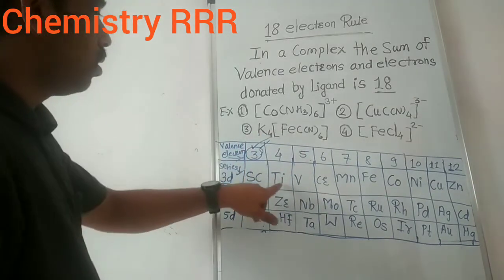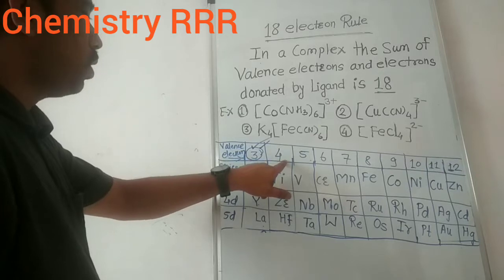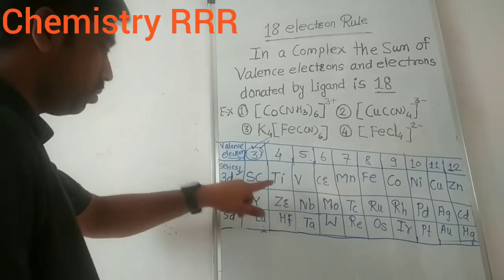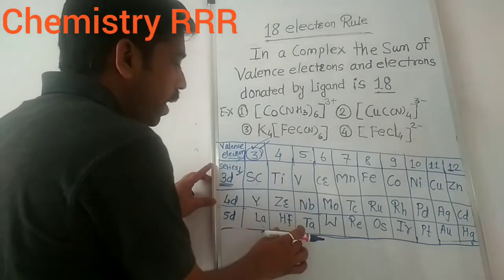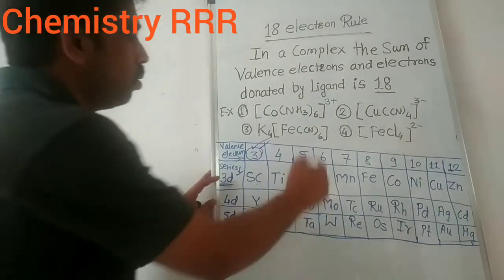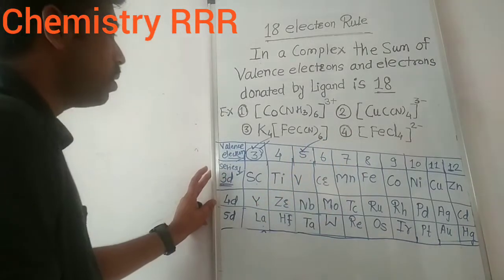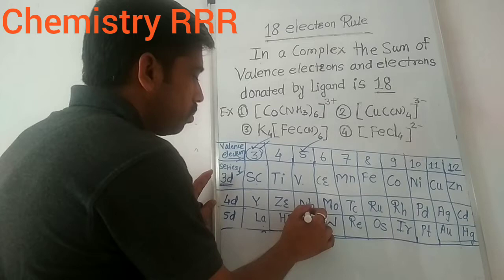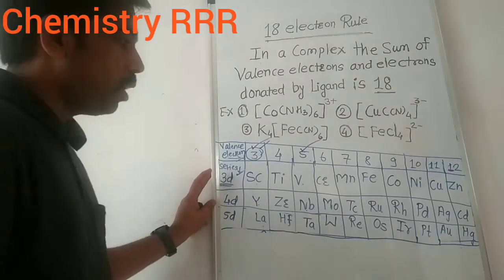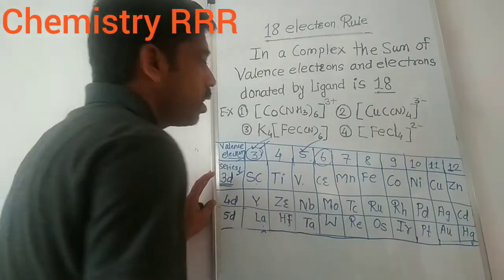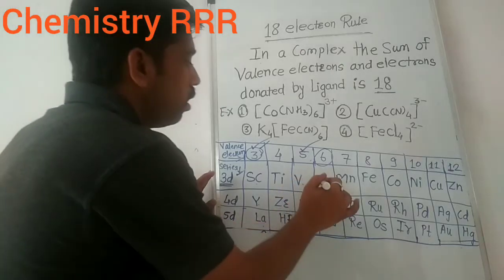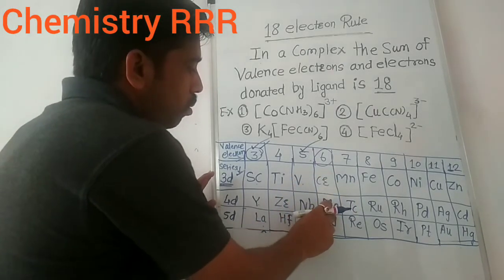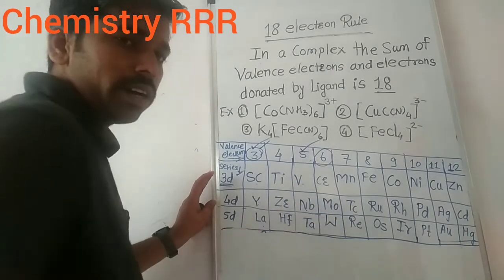Then 4 valence electrons are present for titanium, zirconium and hafnium. Then 5 valence electrons are present for vanadium, niobium and tantalum. Now 6 valence electrons are present in chromium, molybdenum and tungsten.